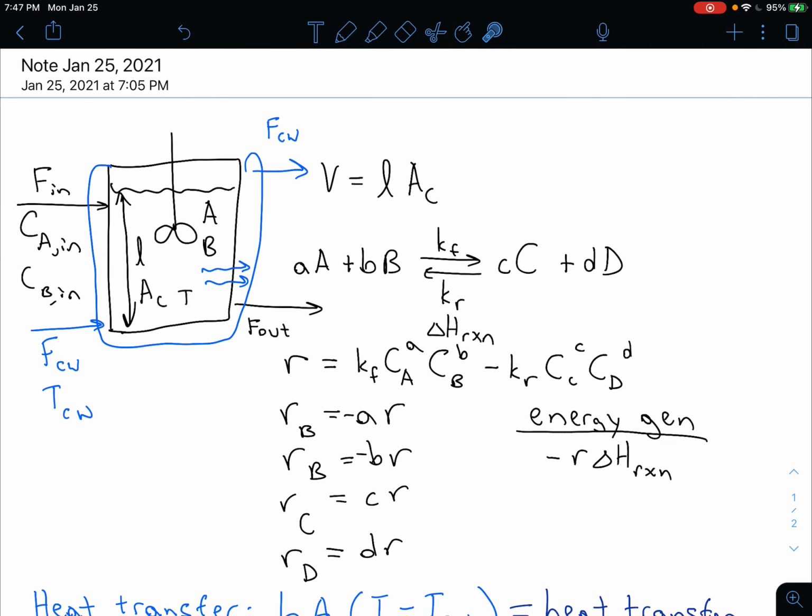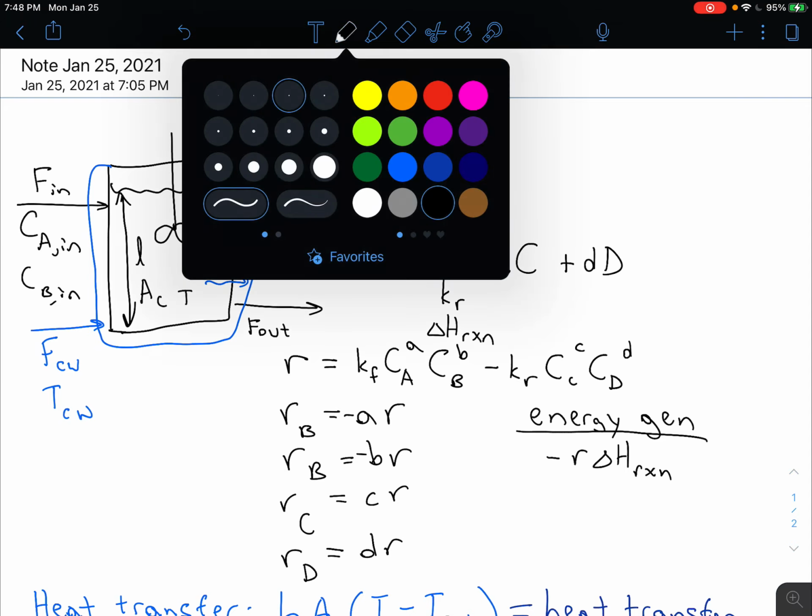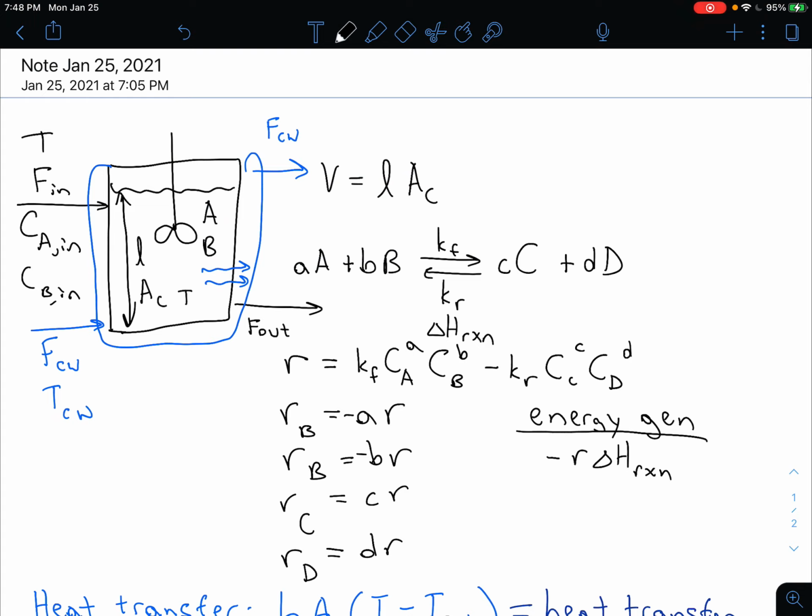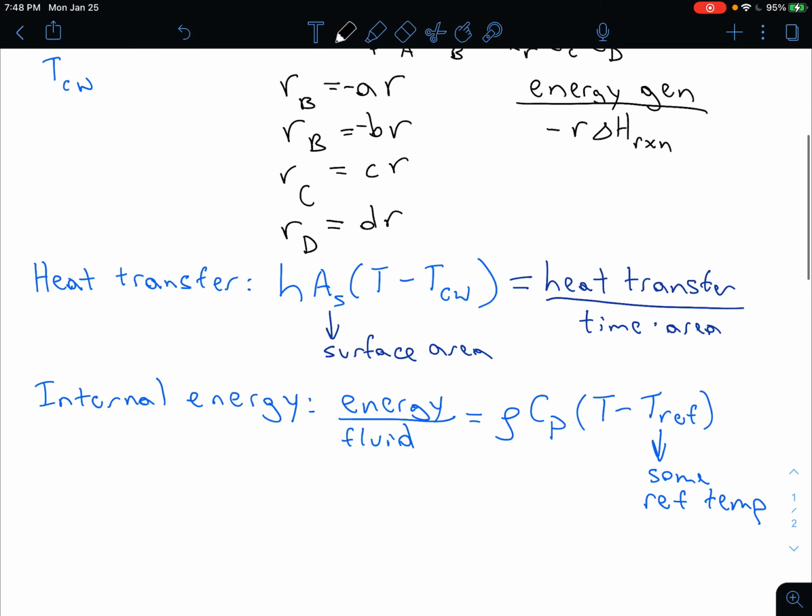So in other words, we could perhaps pick the temperature in, T in, as the reference temperature. The fluid enters the tank, it loses some energy because of the cooling water, perhaps it gains some energy because of the exothermic reaction, but the fluid does not freeze or boil. And so we can treat the heat capacity as being constant and also the density as being constant.